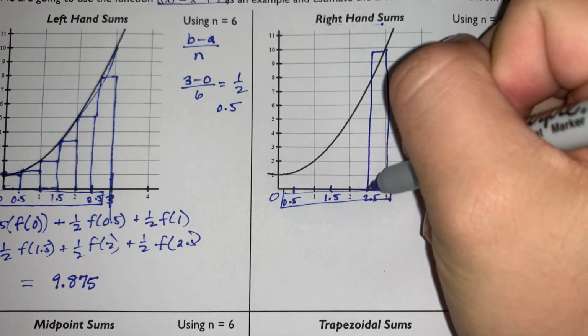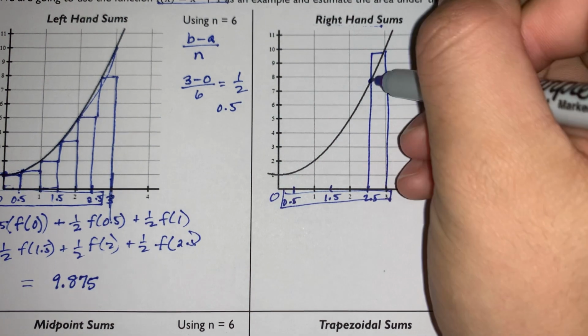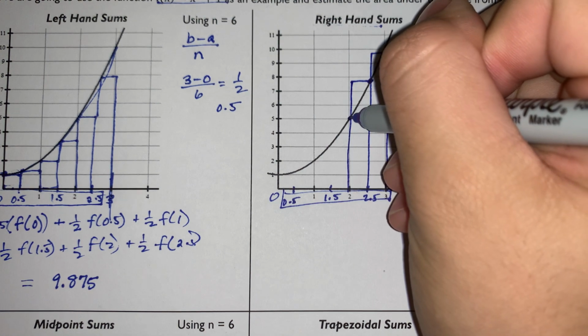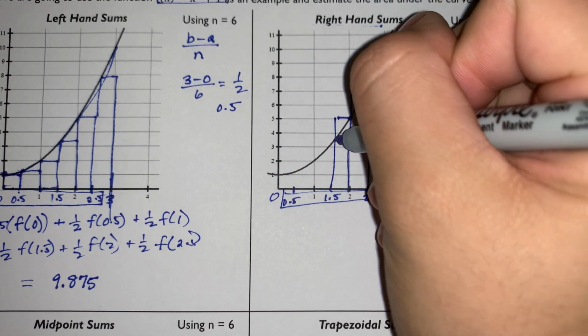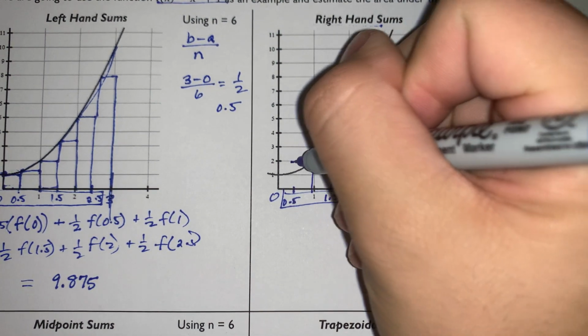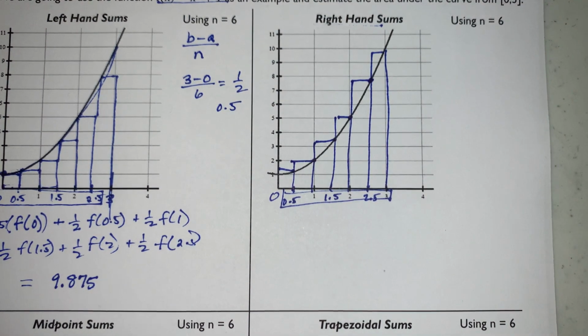Halfway through, go down. From here, at 2.5, go from here. Halfway through, go down. From here, halfway through, go down. And then my next rectangle is down here. Halfway through, go down. Here. There we go. Horribly drawn rectangles, but whatever, it'll do.